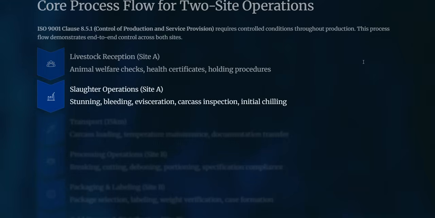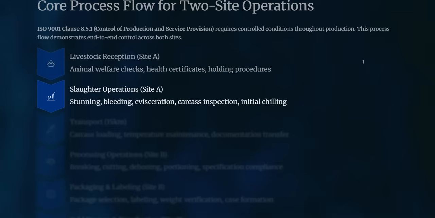Then the second process, we have to map out the slaughter operations inside site A, and that must include stunning, bleeding, evisceration, carcass inspection, and initial chilling.